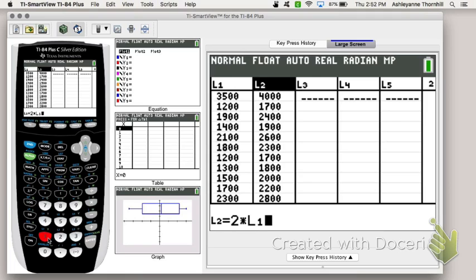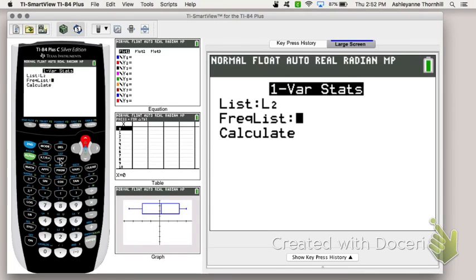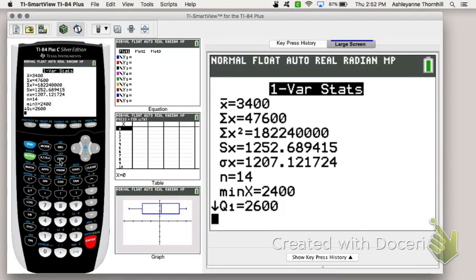From there, stat, calc, enter. So what happened to the mean and the standard deviation? So they both doubled.